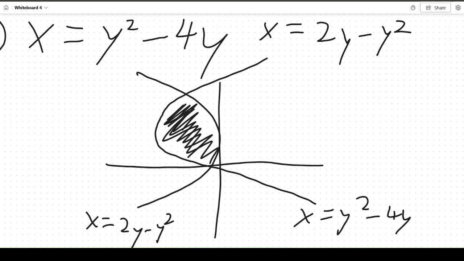So in this problem, we're going to find the area between these two x functions.